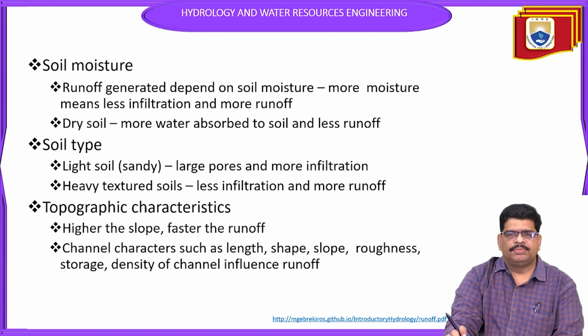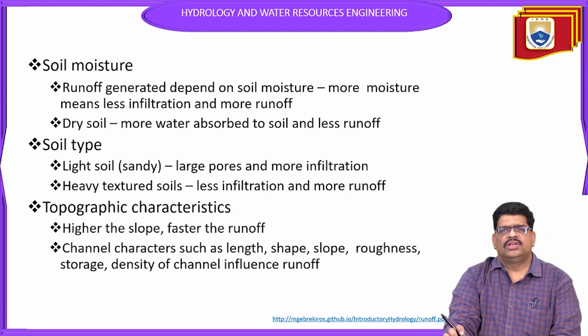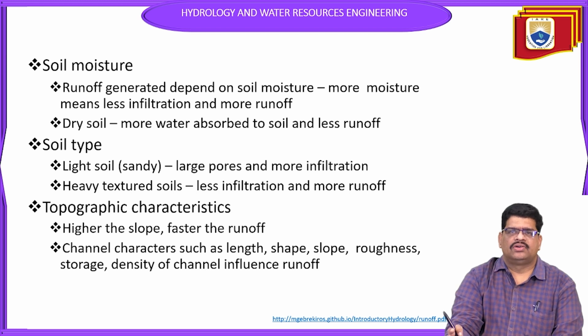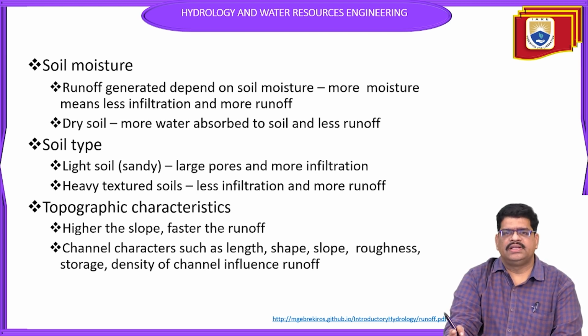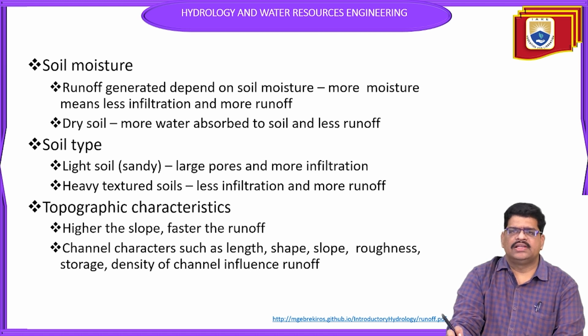Porous materials absorb water quickly and release it slowly, but non-porous materials do not allow it to be absorbed, so the rainfall collected from the top is removed quickly. Light soils or sandy soils are highly porous, and dry soils absorb more water, while other soil types absorb less.